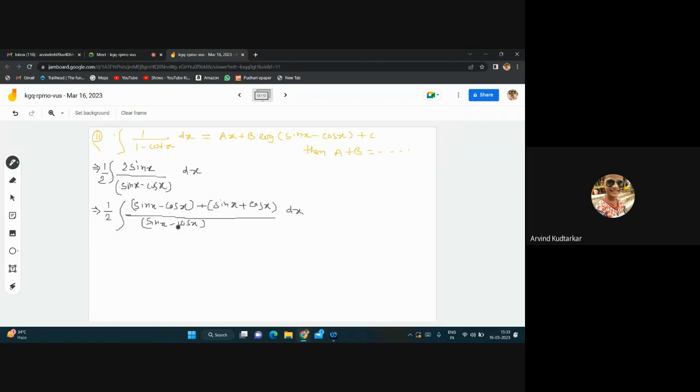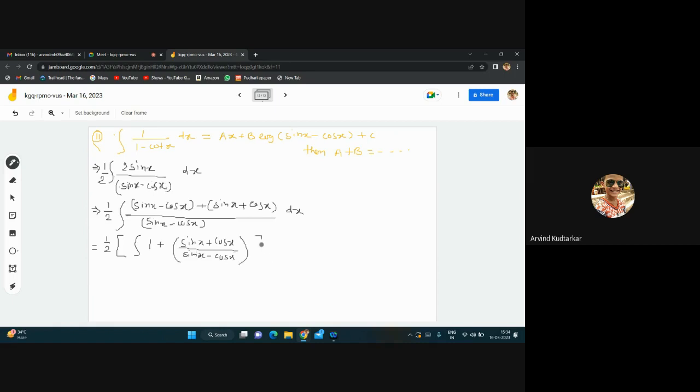Here sin x plus sin x gives 2 sin x, and minus cos x plus cos x cancel, remaining 0, so sin x minus cos x. When you divide this factor to the numerator, you get 1/2 times the integration of 1 plus sin x plus cos x upon sin x minus cos x into dx.